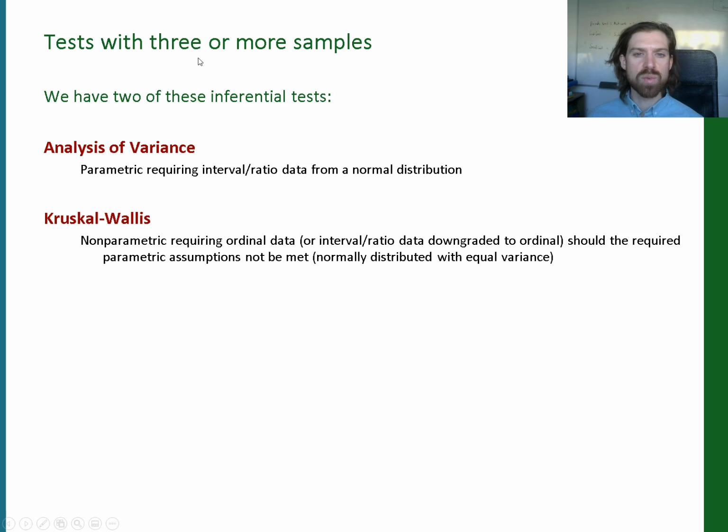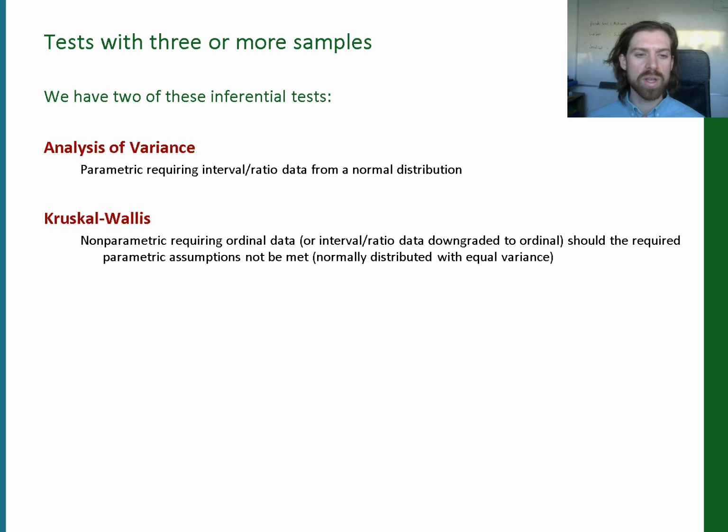So if we have tests with 3 or more samples, then we've got 2 different types of approaches. We have a parametric analysis of variance, so ANOVA approach, which requires us to have continuous interval ratio data from a normal distribution. And then if our data unfortunately don't meet that requirement, essentially those assumptions associated with that ANOVA test, which I'm going to go through in detail very shortly, then we would have to look at a non-parametric solution.